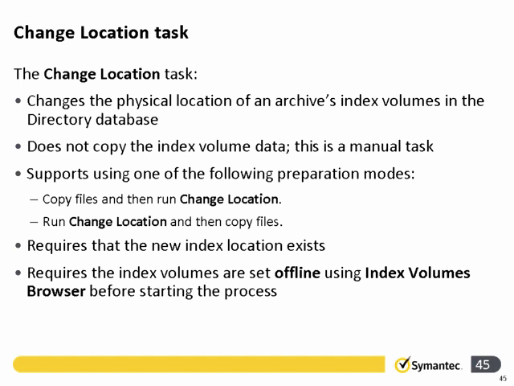You can copy the index locations to the new location first and then run the change location task, or you can run the change location task and then move the files. It does require that the new index location exists prior to moving any files, and it requires that the index volumes are set to offline using tools such as the index volume browser before you start the process of actually moving the physical files.